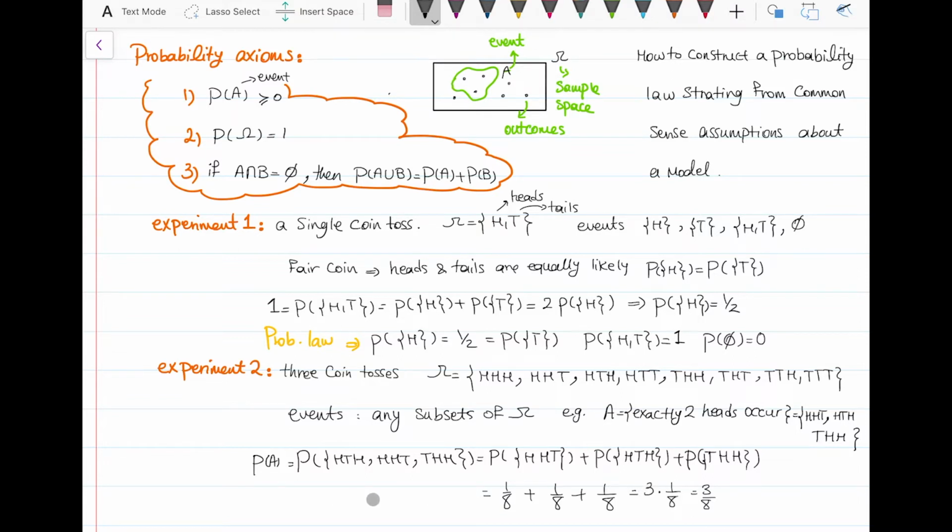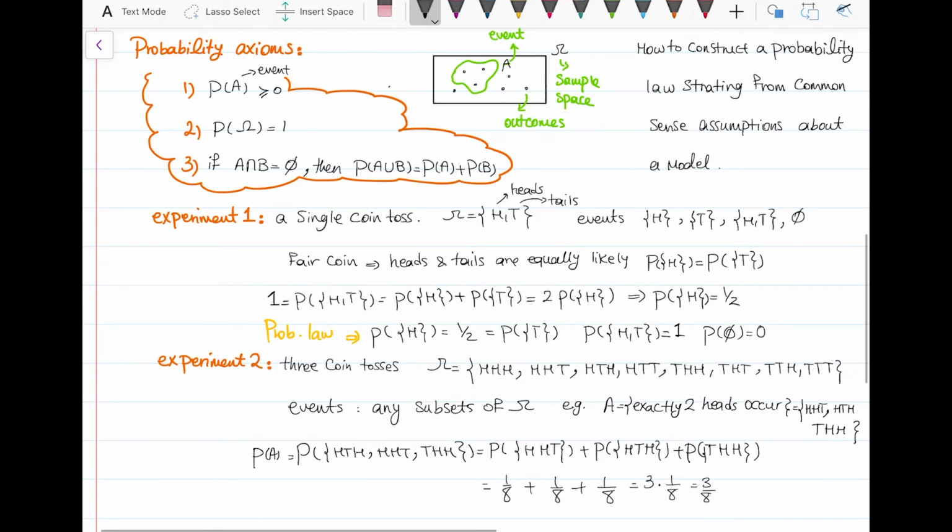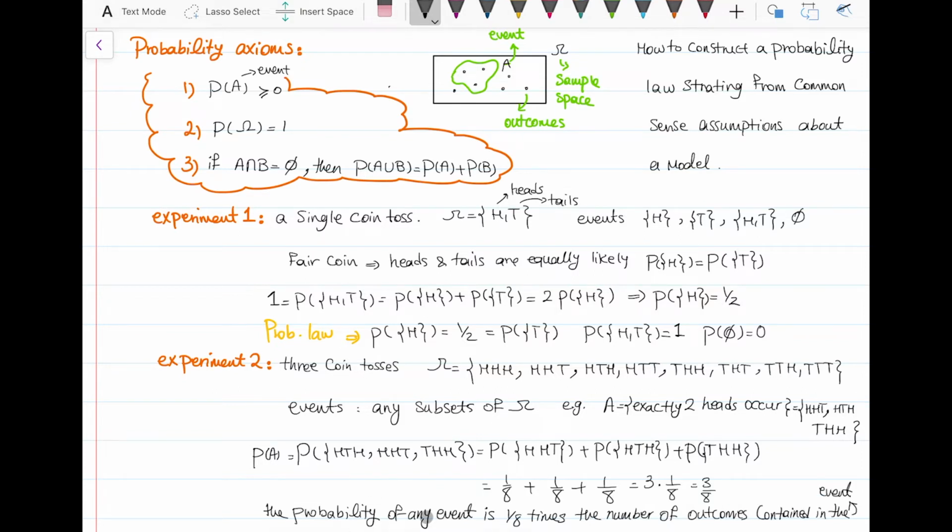This probability law that we got satisfies all 3 axioms. So we used common sense to find the probability law for these 2 experiments.